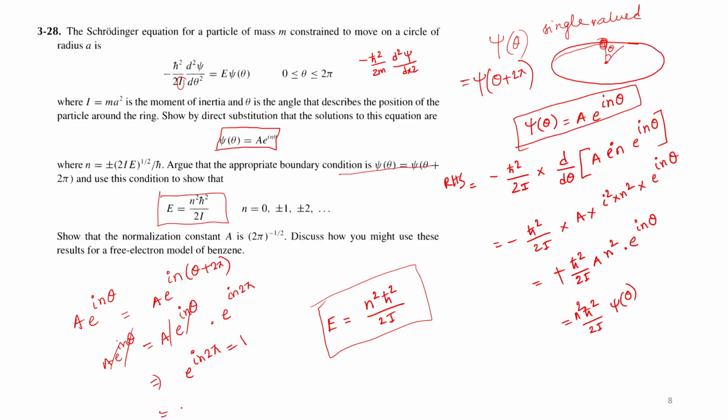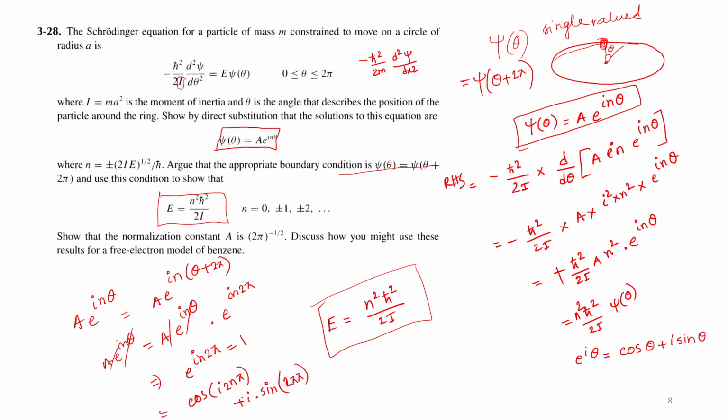And from Euler's theorem, you know that e to the power i theta can be written as cos theta plus i sin theta, right? So you can write cos 2n pi plus imaginary i times sin 2n pi.